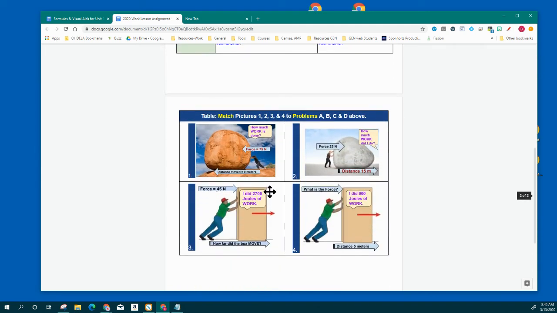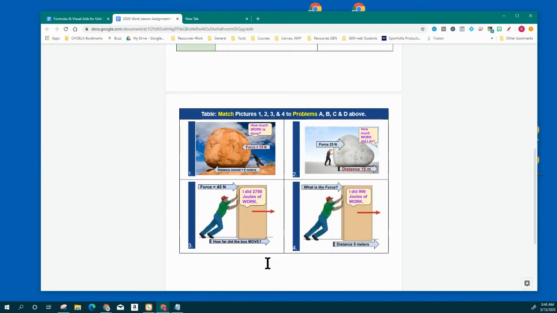Let's go down to our images. Okay, so we're talking about a box. So let's look at 3 and 4. It said that we applied a force of 45 newtons. We did 2,700 joules of work, and we wanted to know how far did we move that box? That's number 3.